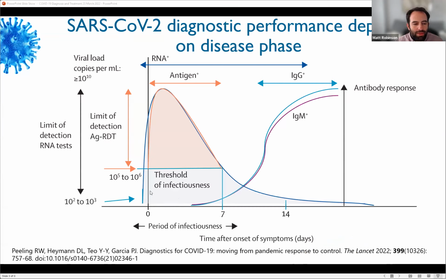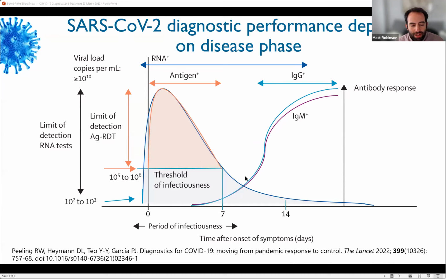Then around the time of symptom onset, as virus increases, it is detectable by antigen testing, although the limit of detection is higher than it is for RNA, so some cases will be missed. The threshold for transmissible SARS-CoV-2 is approximately where antigen testing level of detection begins, although it's not perfect.